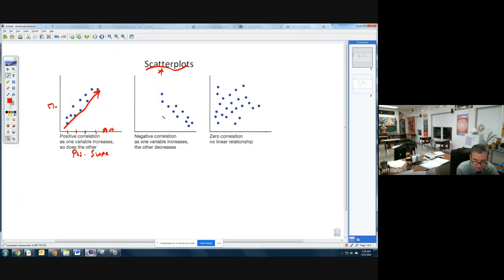The second one goes the other way, and you can tell as things go on, it goes downhill. It's a negative slope. And option number 3 is you just get a bunch of dots that don't seem to make any heads nor tails, no relationship. That's no correlation. So that's pretty simple here.